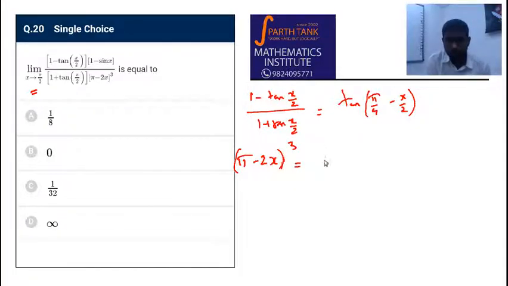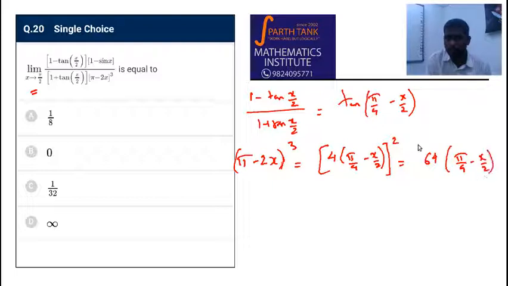If I take a 4 from inside, pi by 4 minus x by 2, this becomes 64 times (pi by 4 minus x by 2) the whole cube, right? So see, here also I have got that.